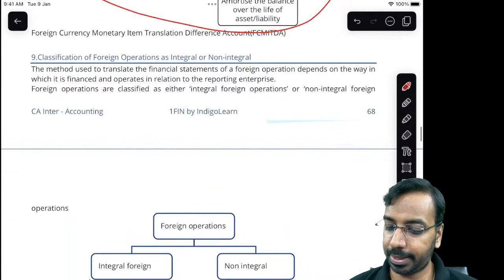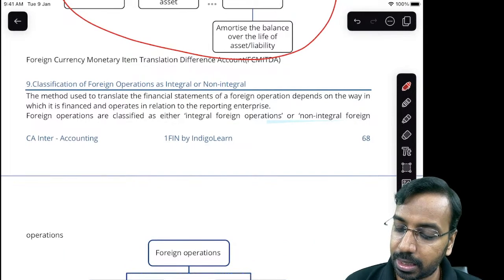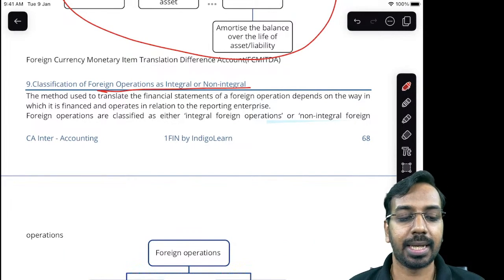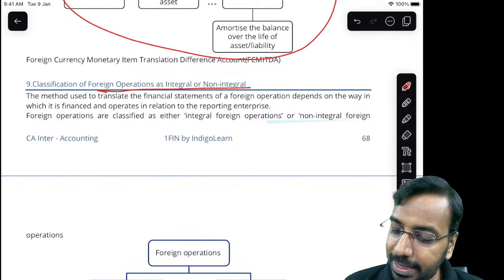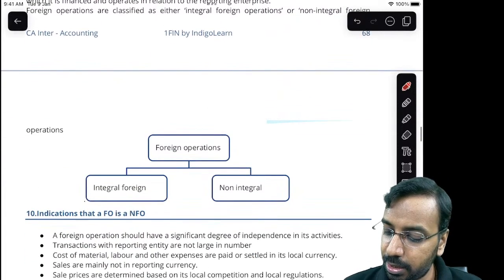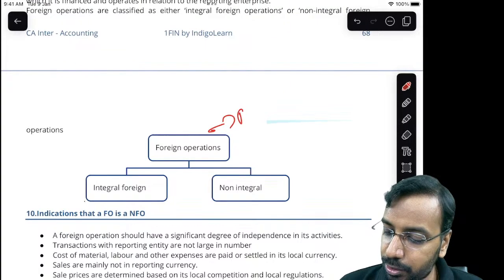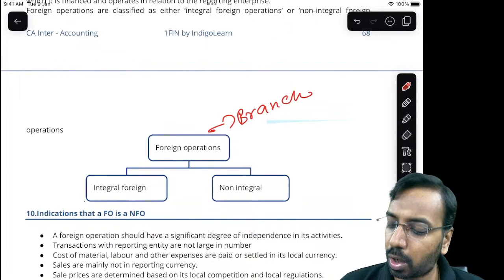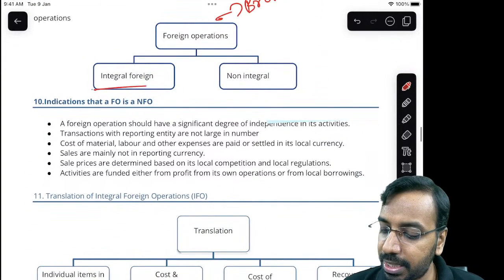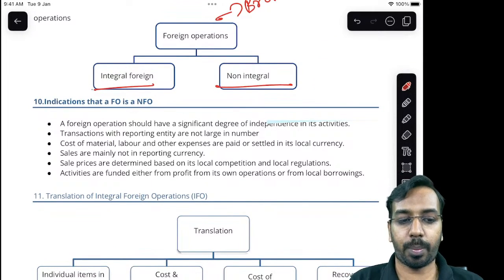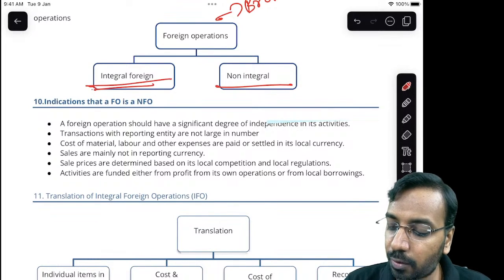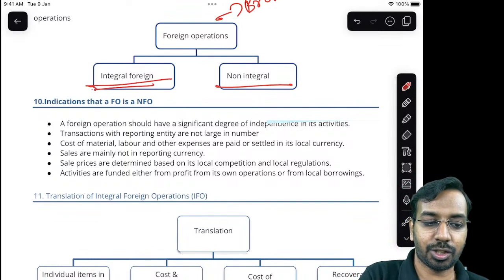Okay. Right. Then there could also be foreign operations, like we have a foreign branch or a foreign subsidiary. There are two types of foreign operations, right? Integral foreign operation and non-integral. Now if it is an integral foreign operation, you have one way of translation.